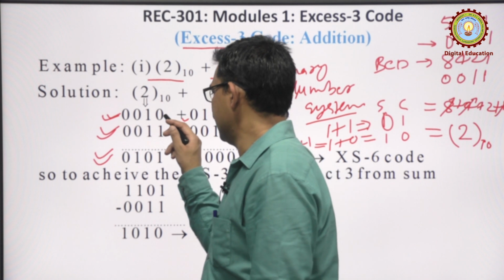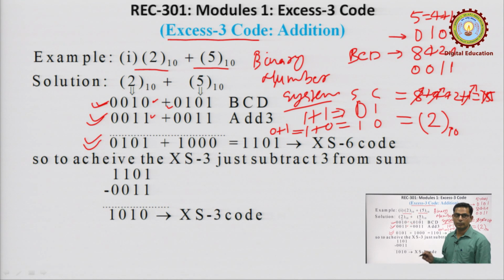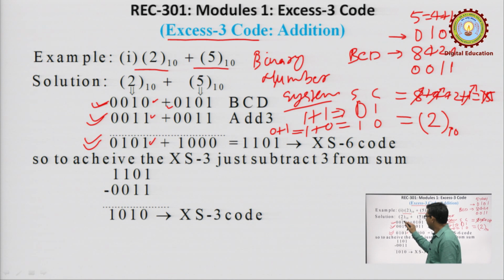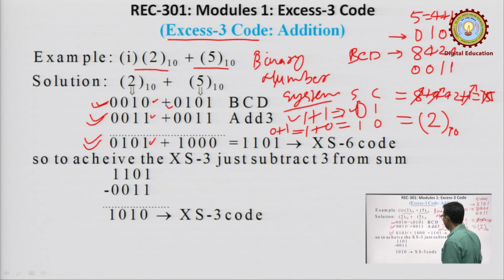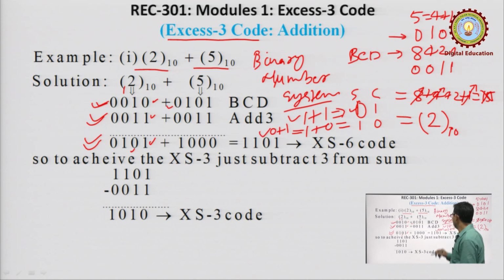So, from here we can see this is 0 and we want to add it with 1, so 0 plus 1 is equal to 1. That is why I have written down 1. Then 1 plus 1: the sum will be 0 and the carry will go here. Then 1 plus 0 is equal to 1. Either 0 plus 1 or 1 plus 0, in both cases the sum will remain 1 and the carry will be 0.